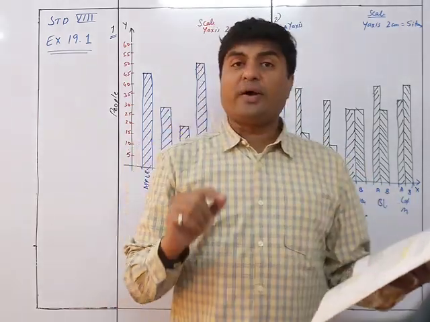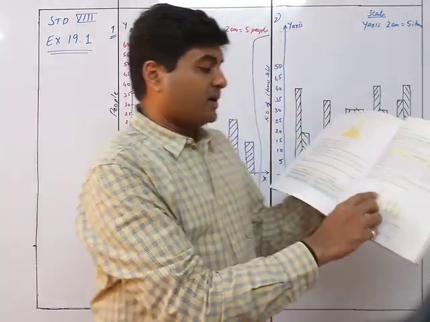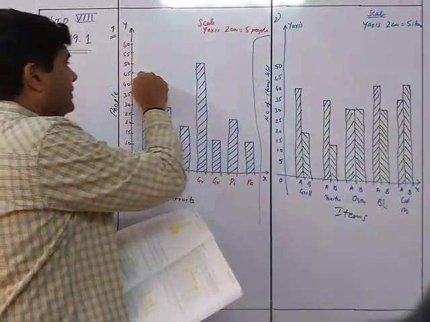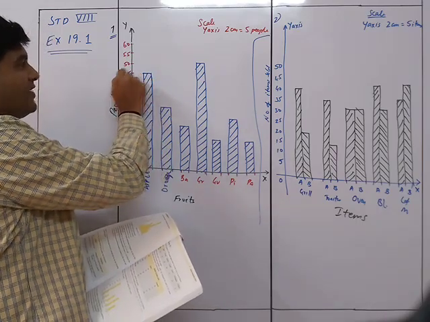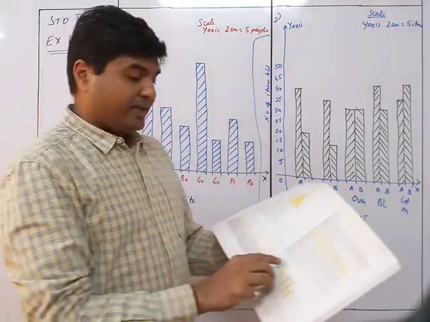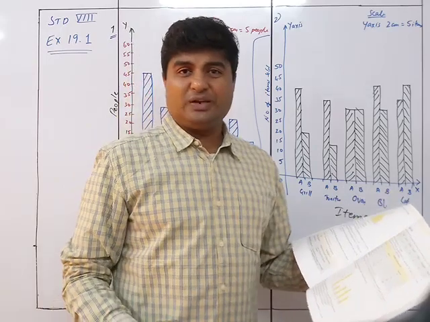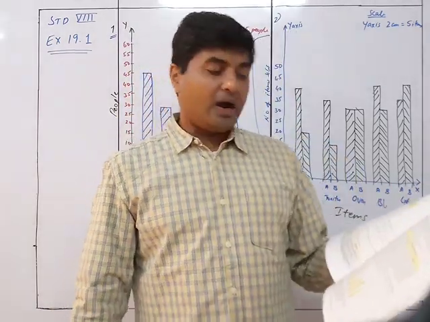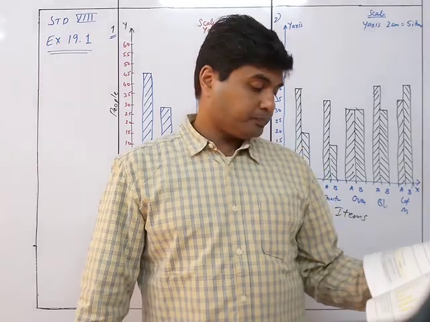If they ask you what the value is, you can find it over here. Wherever it ends, that particular point is the value. You can see it is ending at 2100. So the expenditure for food was 2100 rupees.